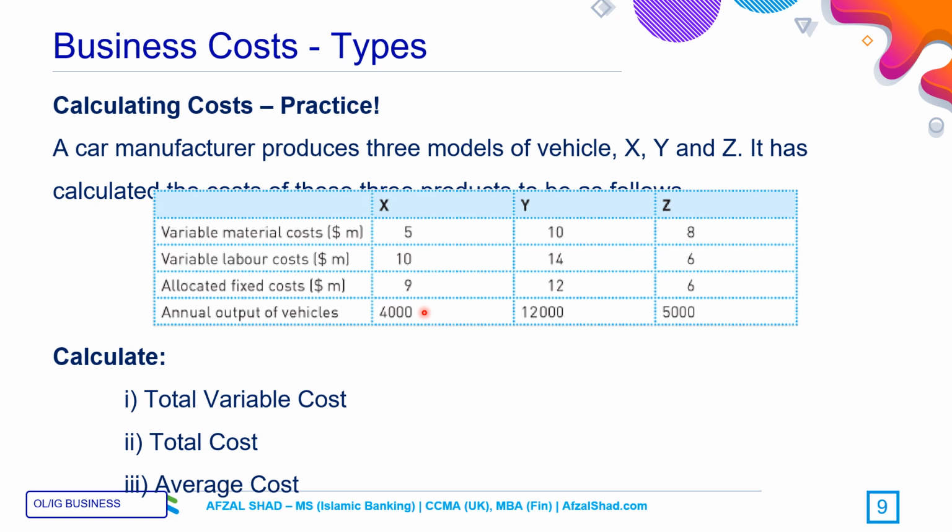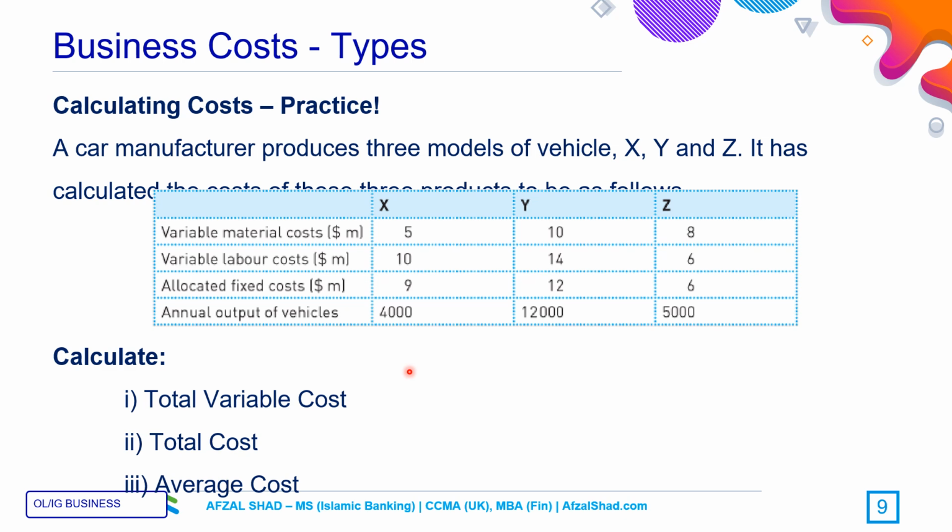So you can find the answer in points as well. 24 divided by 4,000, that would be, for example, 0.10 million would be the answer, because the cost has $M. M stands for million. So this is how the question could have been, which may ask you to find the total variable cost, to find the total cost, to find the average costs.